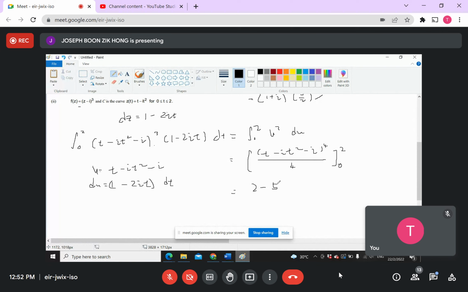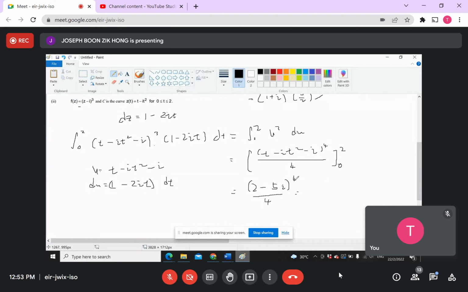So 2 minus 5i divided by 4, to the power of 4. Up to you, you want to use a calculator or expand it manually, also can. So (2 minus 5i) to the power of 4.